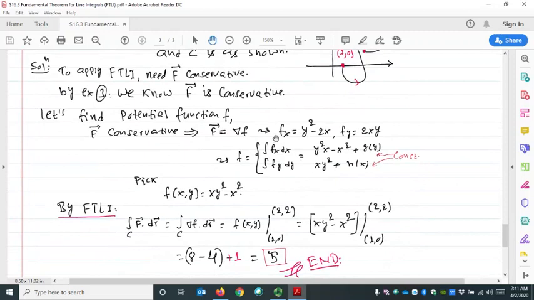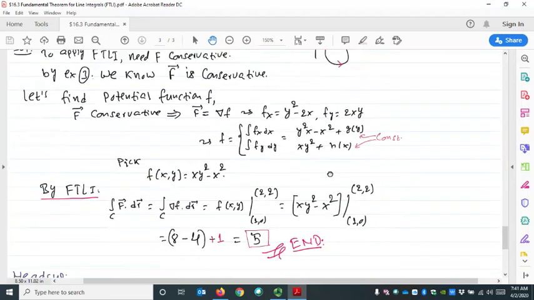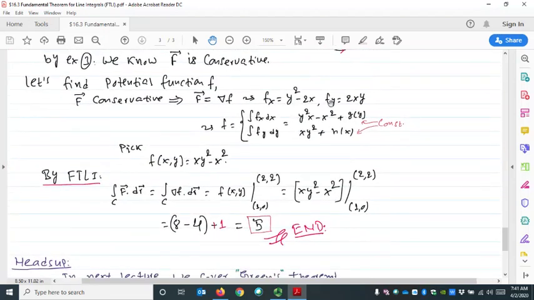Then the partial derivative of f with respect to x equals the first component of the vector field, and the partial derivative of little f with respect to y equals the second component, which are P and Q. So let me scroll down and extract the little f from these two equations. Integrate the partial derivative with respect to x, dx, and integrate the partial derivative with respect to y, dy.